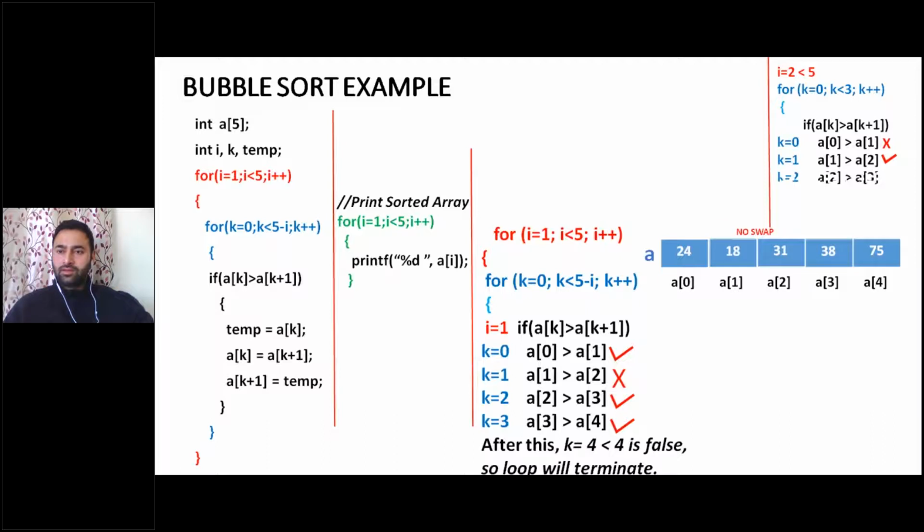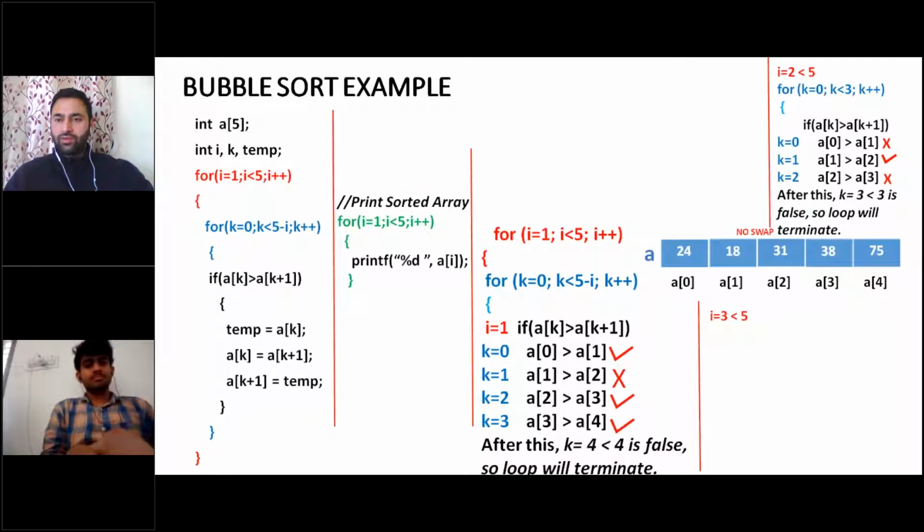I will do it very fast. See, this is the second loop. It will run for the value of k from 0 to 2, and there will be only one swapping. You can see after this loop, the value of a of 3 has been swapped to the last location. Next time again the loop will run for i value 3.